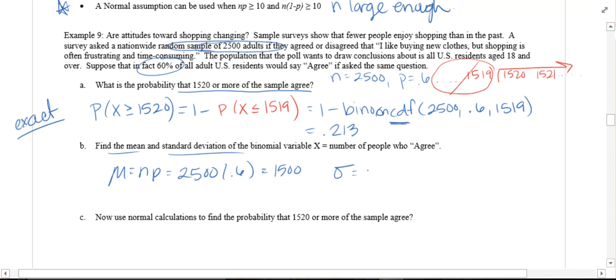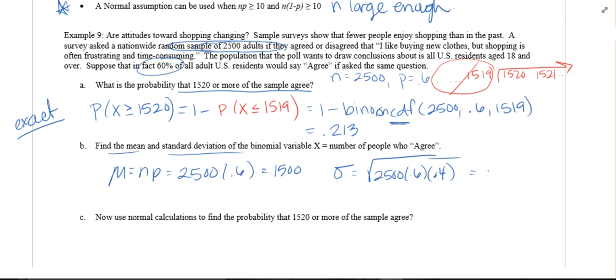Okay, the standard deviation, we take the square root of 2500 times 0.6, and then 1 minus p, so 0.4. Okay, grab your calculator, calculate that away. Don't forget to take the square root. So you should get 24.49.